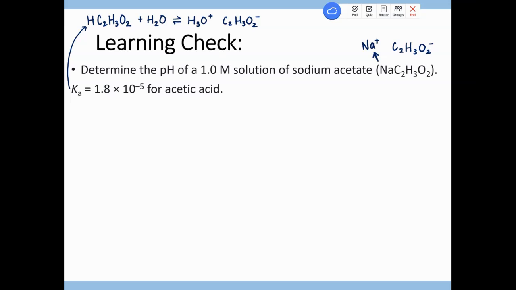So if acetic acid, it says in the name that it is an acid, then the conjugate, the negative, that anion in that first reaction that I wrote up there would be the conjugate base. And so sodium acetate, which contains that polyatomic anion, would have basic properties.